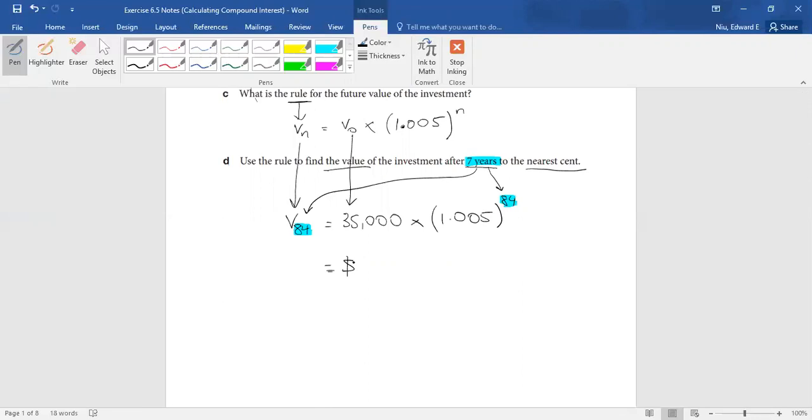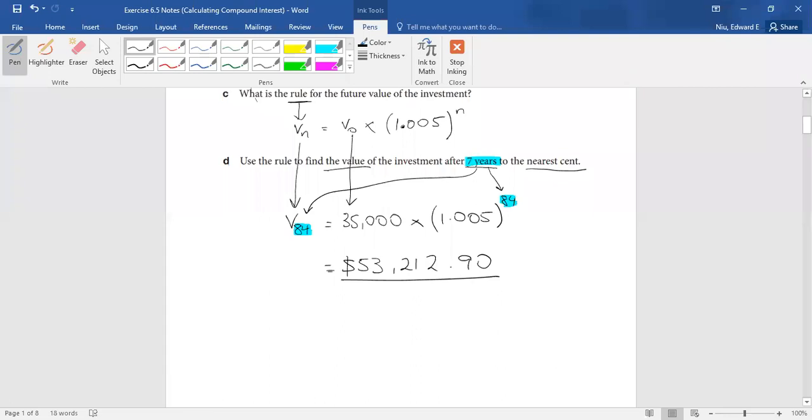We get a value of $53,212.90. So Alan's bank balance after 7 years or 84 months is $53,212.90.